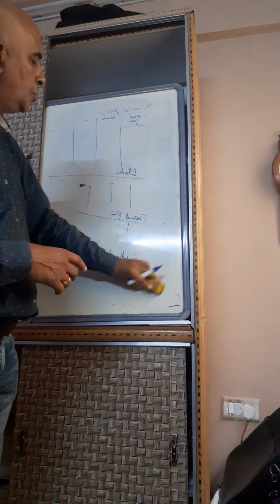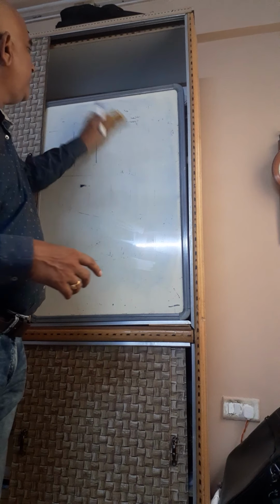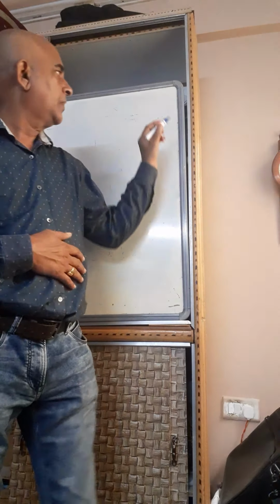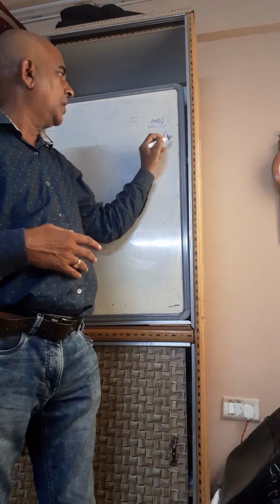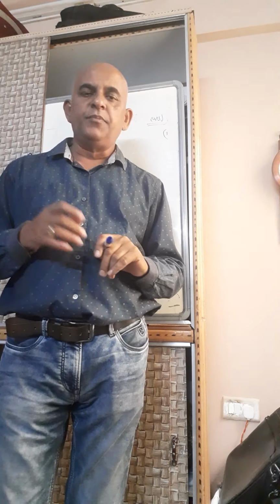And the next step, what is the use of dimensional analysis? What are the uses? Use 1: we can obtain the relation between SI unit and CGS unit of a physical quantity. We can obtain that by using dimensional analysis.